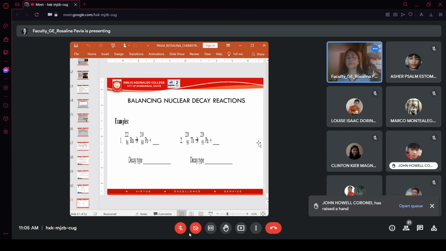Mr. Coronel? Ma'am, try lang, ma'am. Hydrogen po ba? Decay yan. Nag-decay siya. Ano yung na-emit niya? Together with the radioactive nucleus, with the product. Ano yung emitted?